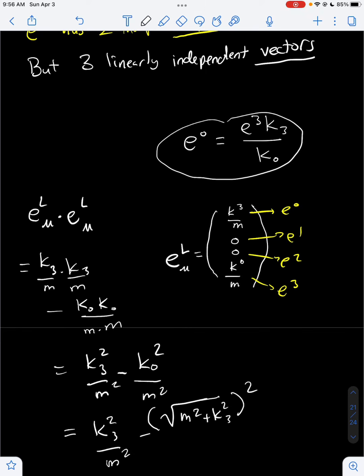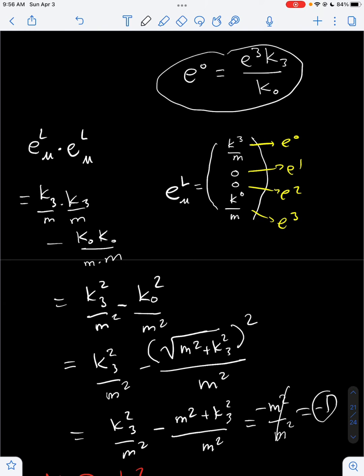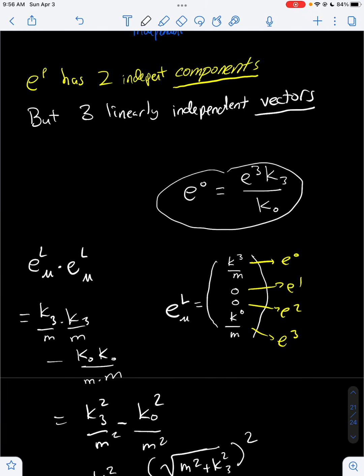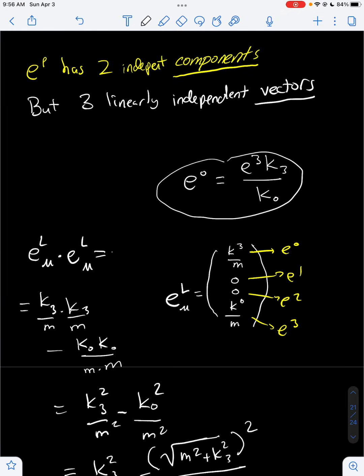And this is being squared, so this is going to be over m squared. And that's just going to be equal to k3 squared over m squared minus m squared plus k3 squared over m squared. This comes out to be minus m squared over m squared, which is just minus 1. So this is normalized by some -1 factor. So this is going to be equal to -1.